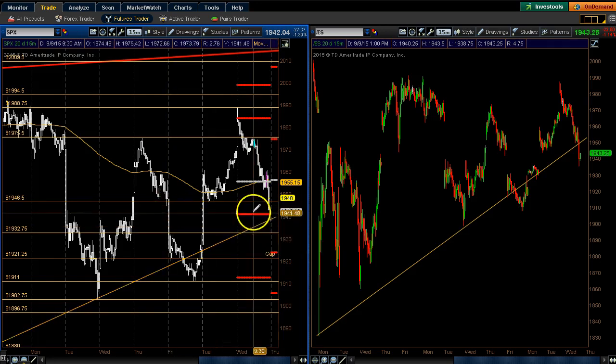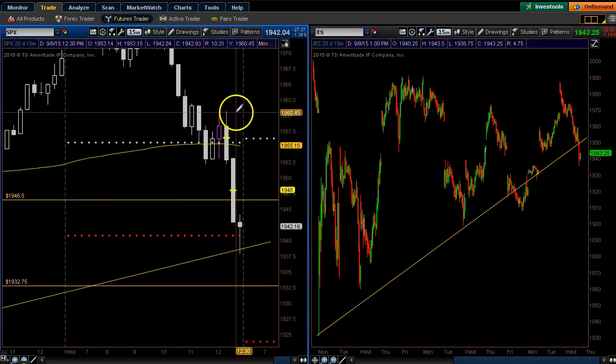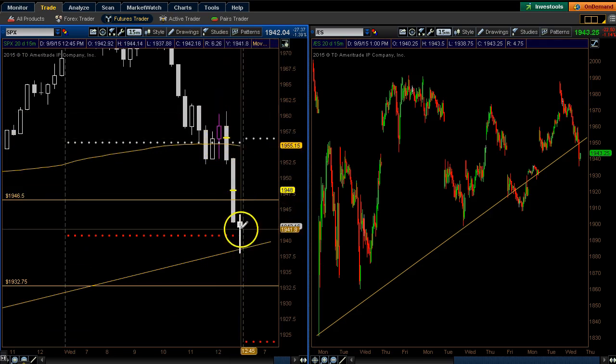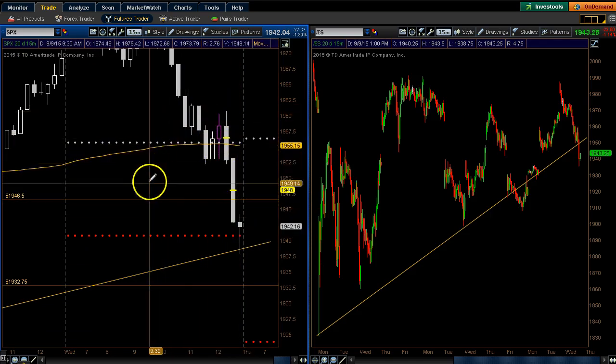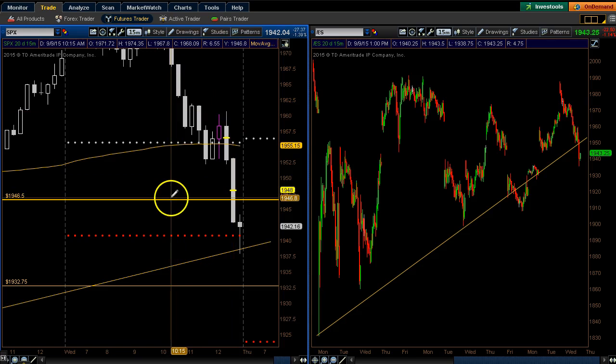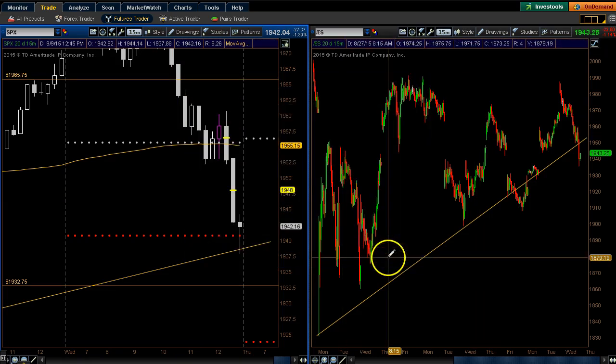Once it breaches this line, I might move up to the latest swing high, before we broke down and failed. So all I would do is measure this number, 1960.75, and edit. Just change this to 1965.75, click OK.